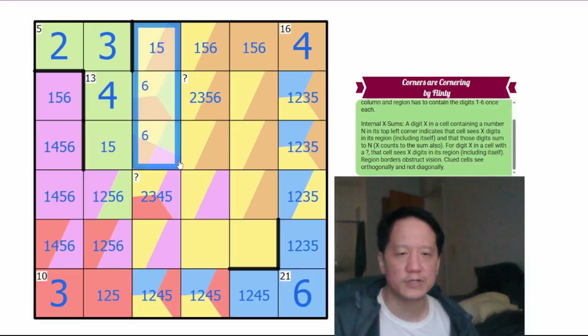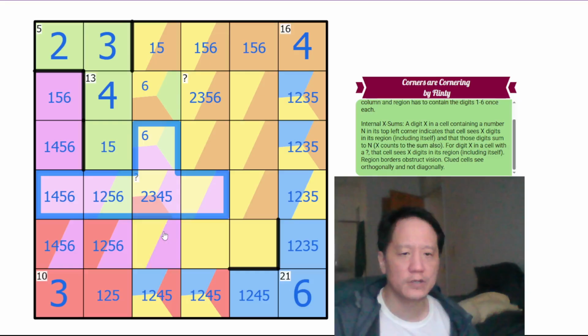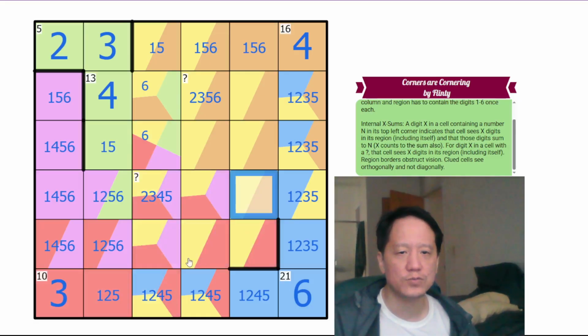This could be orange. One of these has to be green. So this cannot both be orange. So it can't be orange, orange. 1, 2. These could be yellow. Pink can get to here, here, here, and that's it. Red can go to 1, 2, 3, up to here, here, and here. So this is red as possibilities.